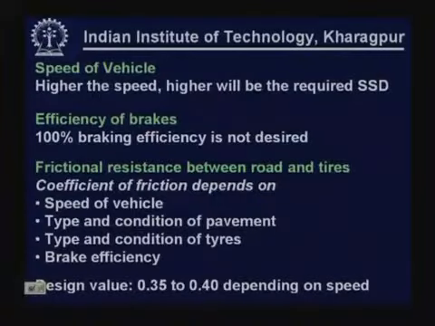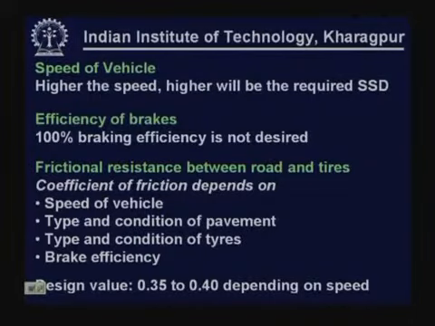Third, it depends on the efficiency of brakes. What do we understand by 100% brake efficiency? 100% brake efficiency means the wheels are fully locked, so there is no rotation.